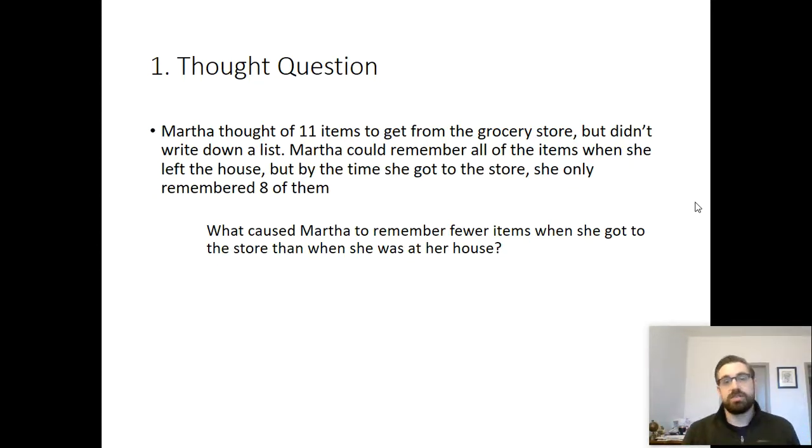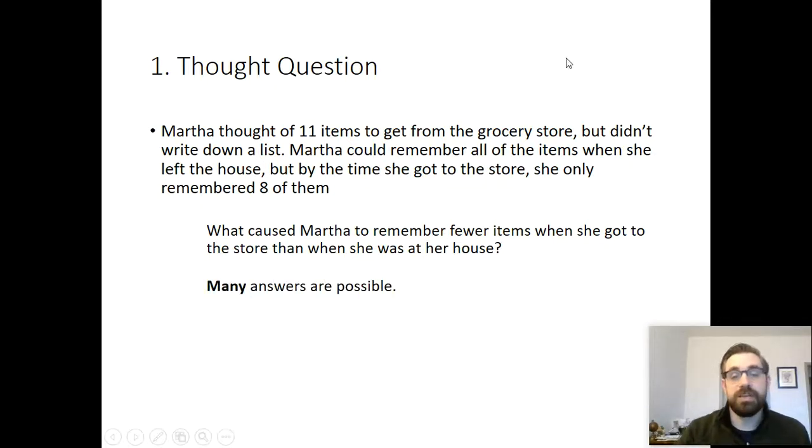Oftentimes, when I ask this question, we think about it, and it's like, oh, well, she just forgot. Well, that's not really an explanation, right? What went wrong? What caused her to forget? And one thing that I want to push on is you may be thinking of one answer here based on what you know about cognition or memory, but there are actually many answers that are possible for this.